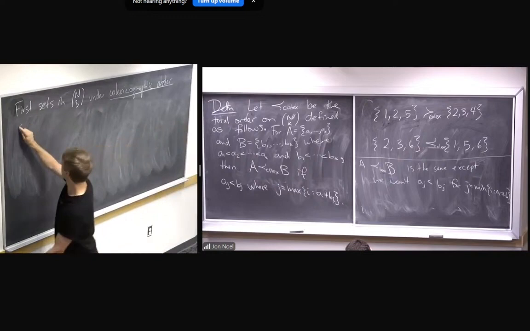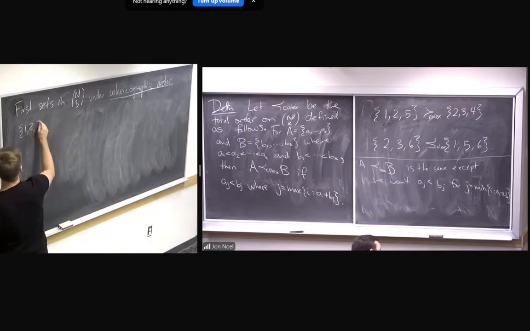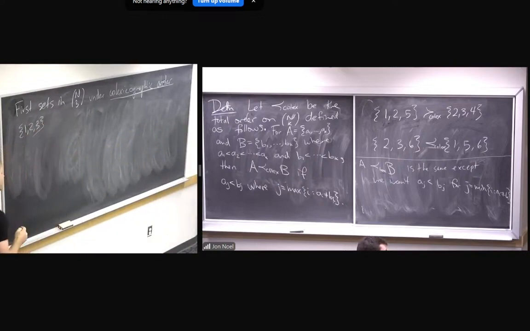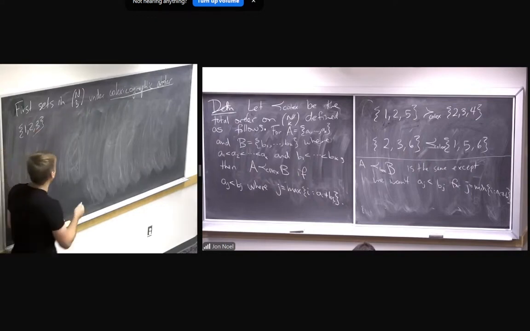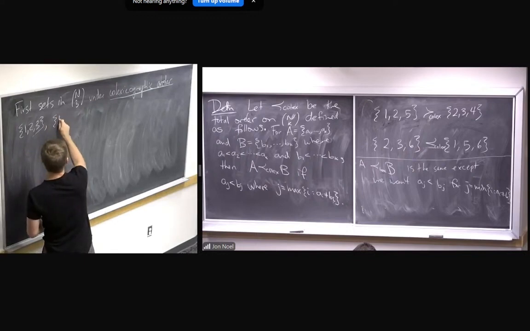The first set is unsurprisingly 1, 2, 3, right? Now the next set we can't stay within 1, 2, 3. There's only one set there. So we have to introduce the number 4.